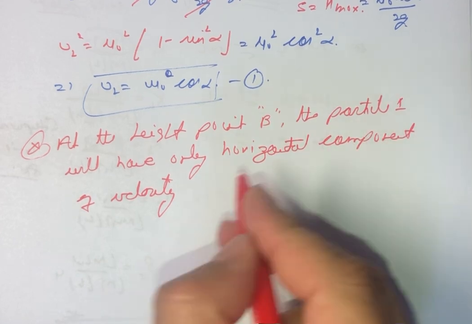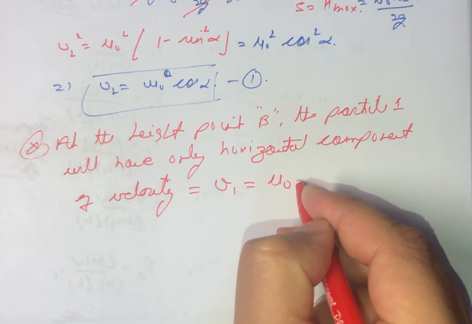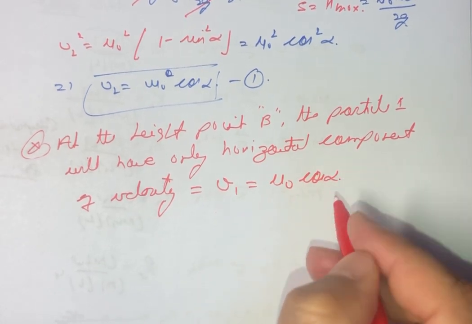Let us suppose that is given as V1. So V1 will be equal to u naught cos of alpha.